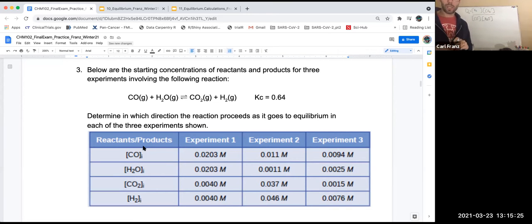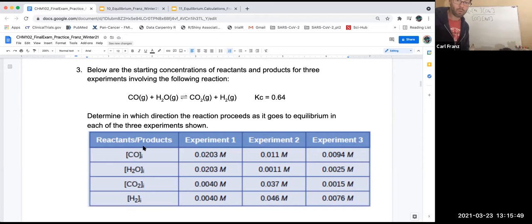And again, we're not doing an ICE table or anything like that, so we still want to have our H2O in our equilibrium quotient. So let's just plug in the values for experiment 1.